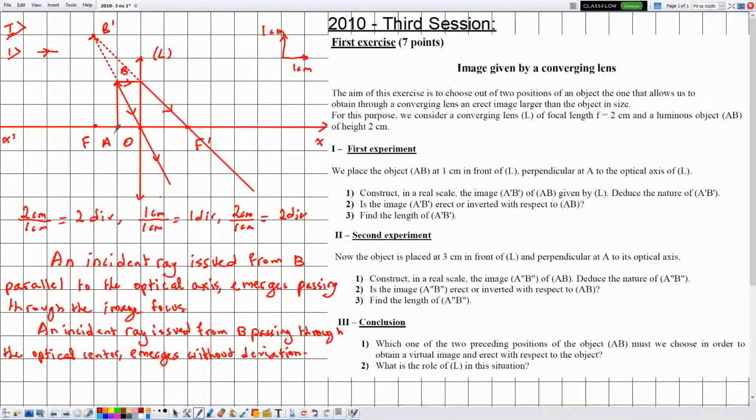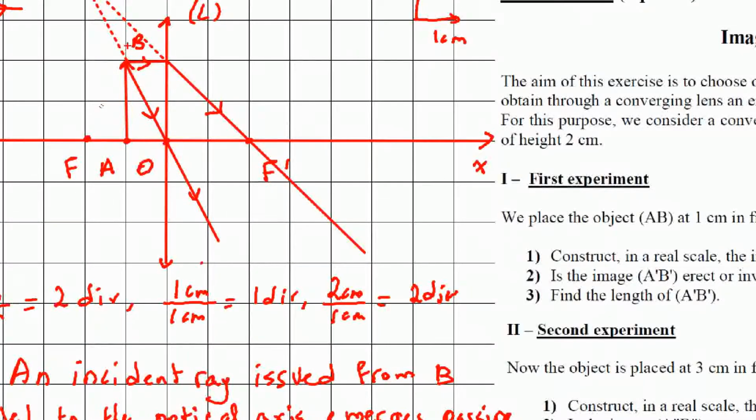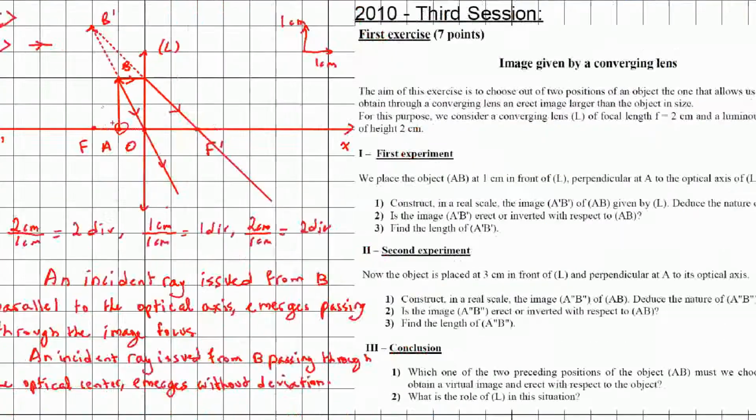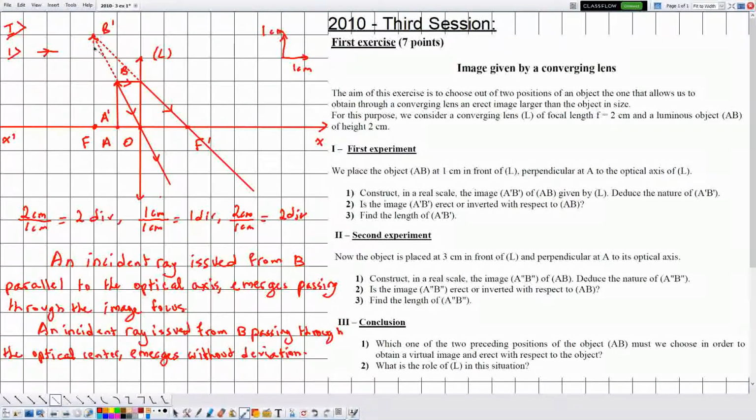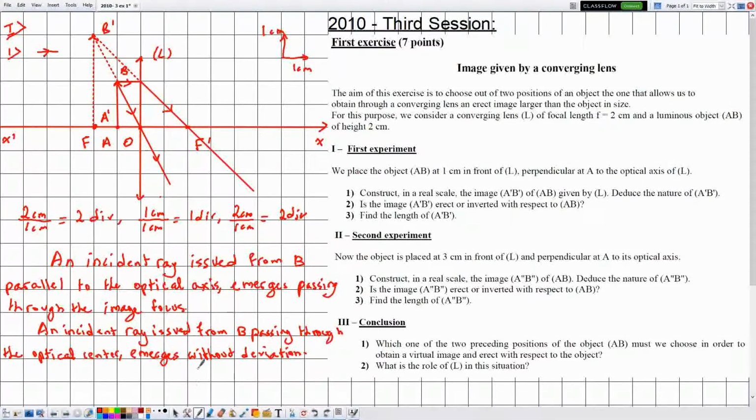Now the point A here represents the foot perpendicular of B on the optical axis, therefore A prime will also represent the foot perpendicular of B prime on the optical axis. Let's trace the image. Okay, this is A prime, B prime. And now let's justify this tracing.